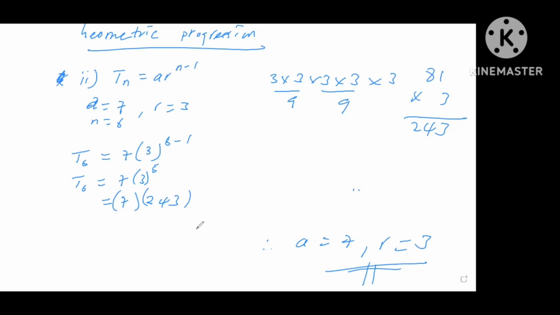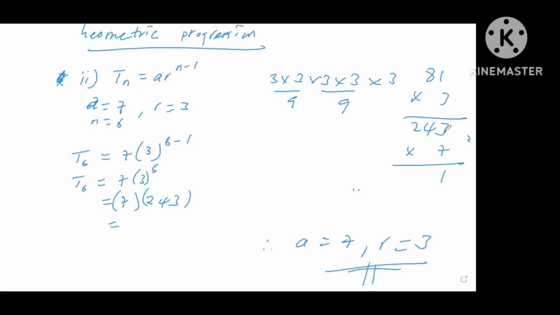So we continue. What is 7 times 243? We are just going to say 7 times 3. It is 21, right? Remainder 2. 7 times 4 is 28, right?